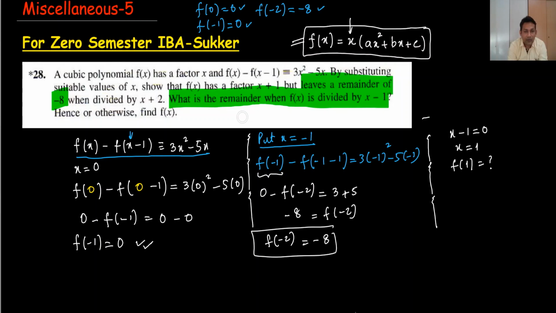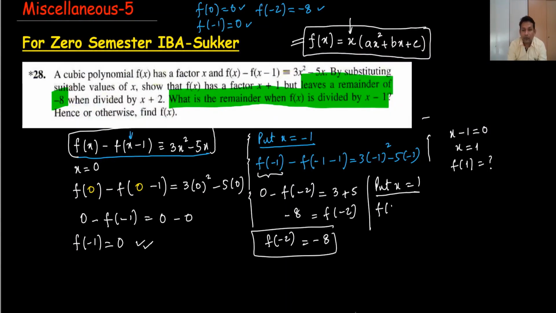Just check it out. In this equation, if I write f of 1 here, this will become 1 minus 1, which is 0. Oh, that's good. So I can directly put x equals 1 in this equation.